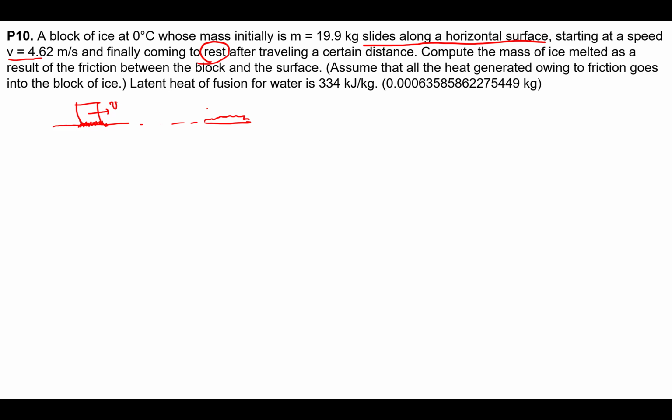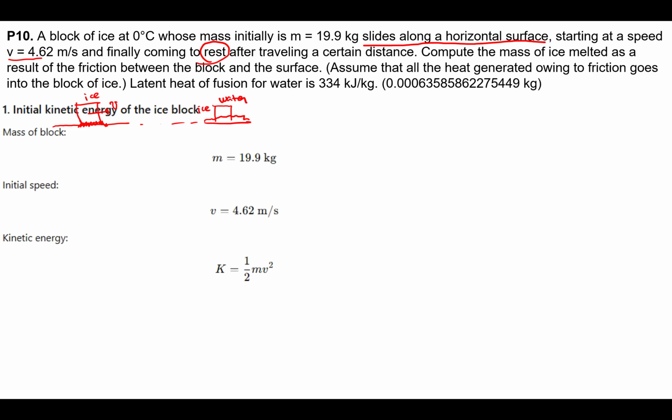Like a kind of water and ice. And then we need to find out the mass of ice melted as a result of the friction; some of it would be water, and some of it would still be ice. Okay, so now let's see what is going to happen.